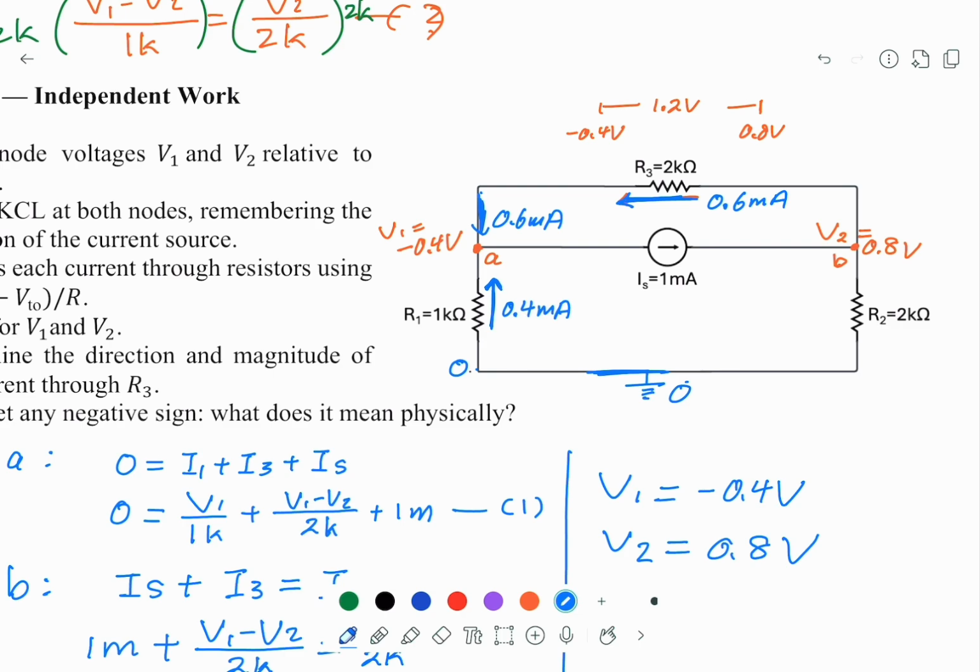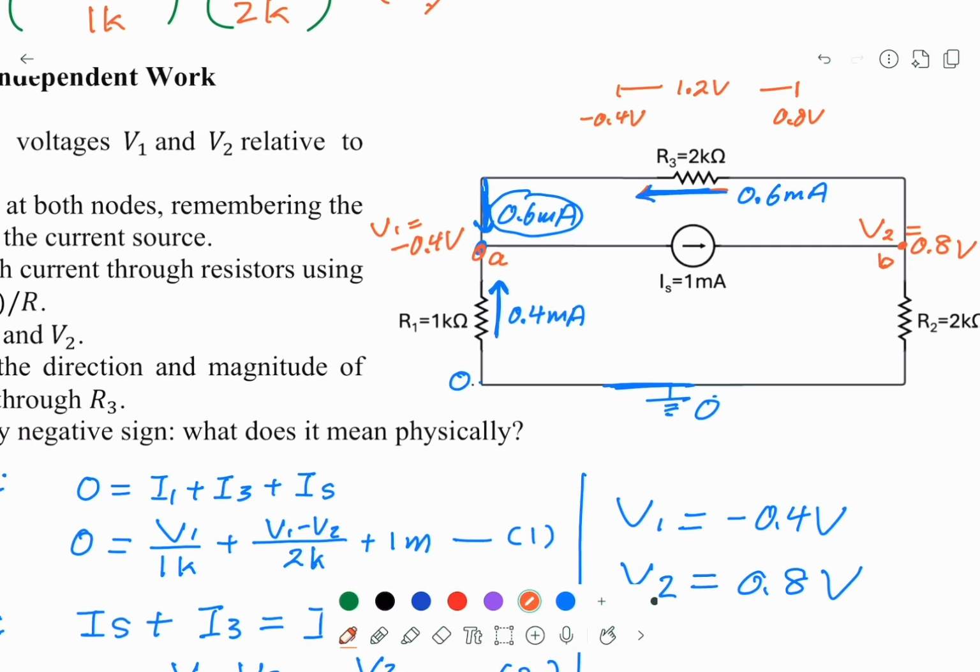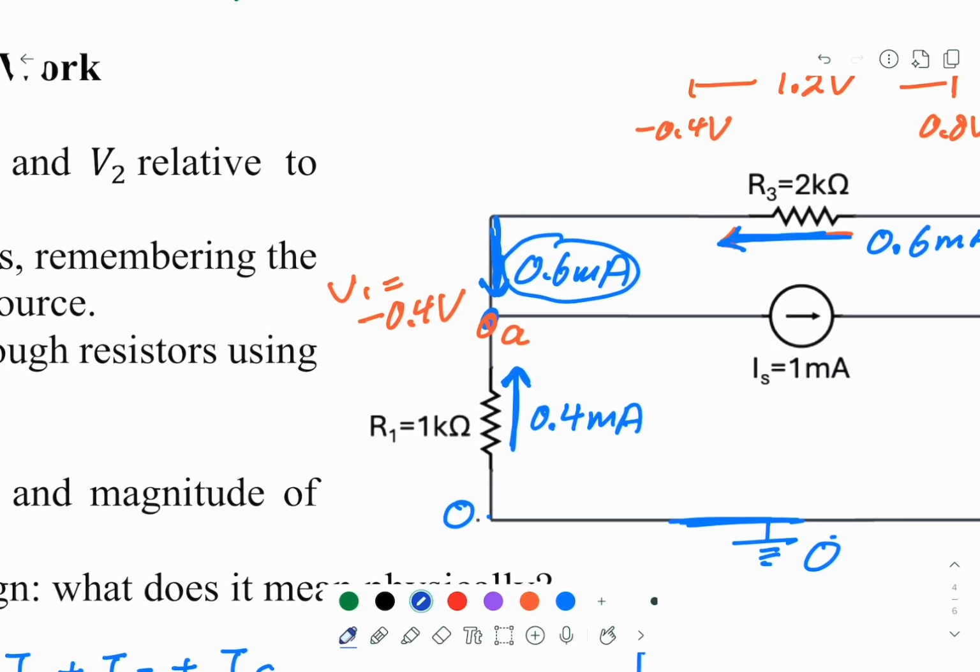Now if you look at this one here, it makes sense because 0.6 milliamp going in to A and 0.4 going in, and then it goes out here, and the sum is exactly 1 milliamp.